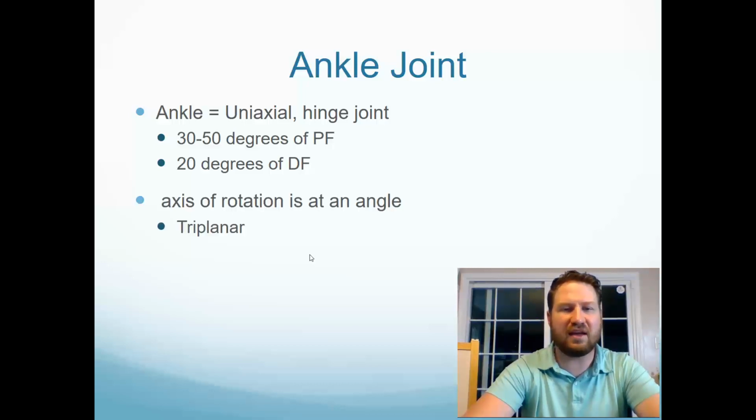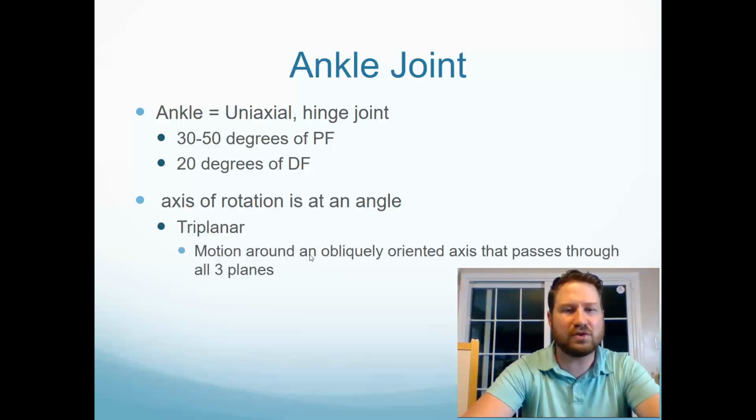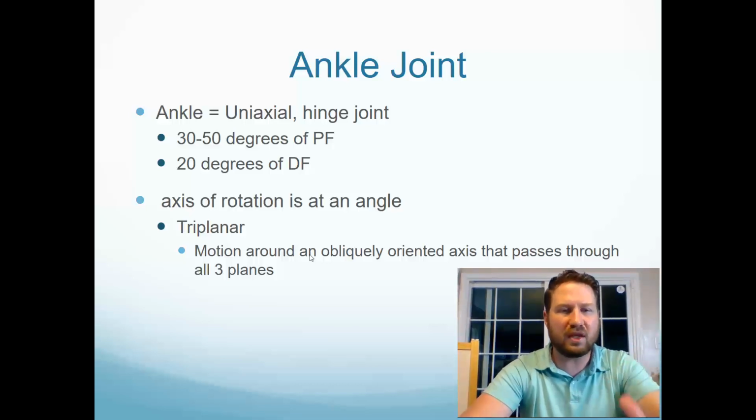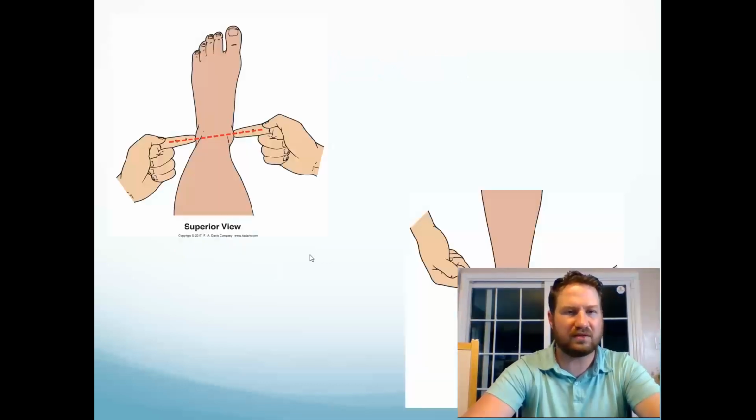Axis of rotation is at an angle, it's triplanar. What that means is motion around an obliquely oriented axis that passes through all three planes. So these motions are not all true within those three cardinal planes. They kind of sit at an angle. If I'm looking down at my foot and you put two fingers on your malleoli, that's the axis.